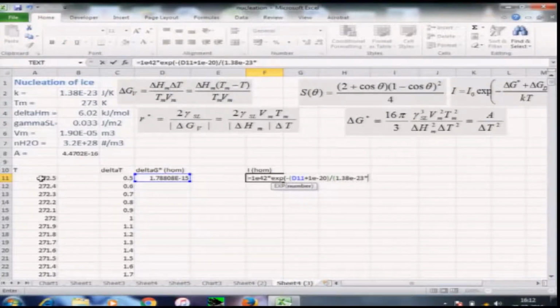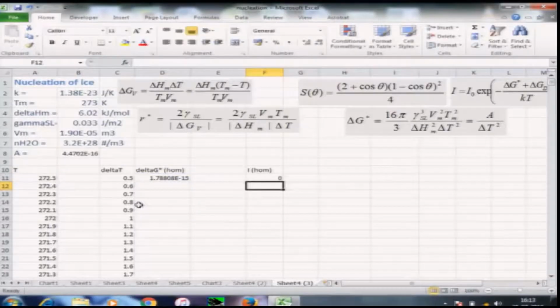So, this value is residing in cell A11, which is 272.5 in this case. Then I close the bracket for the exponential and enter. Well, I get a value which is showing as 0, which means that at this small undercooling the nucleation rate is essentially 0. It is a very, very small number and it is not able to show.